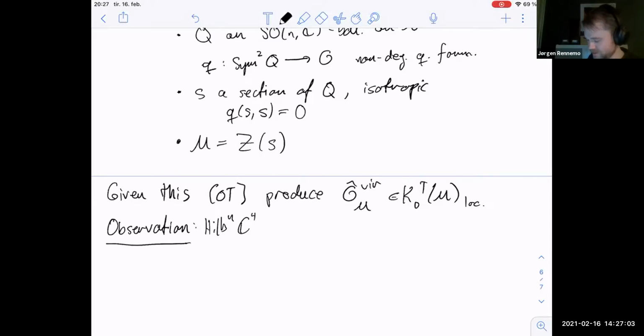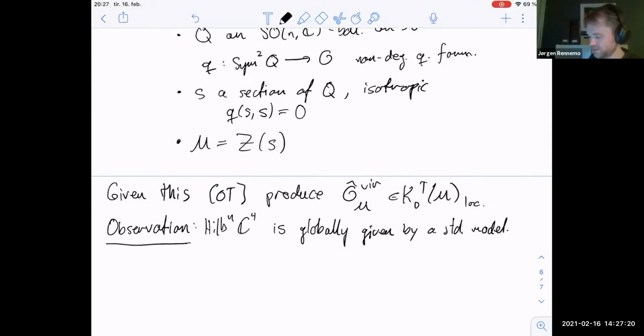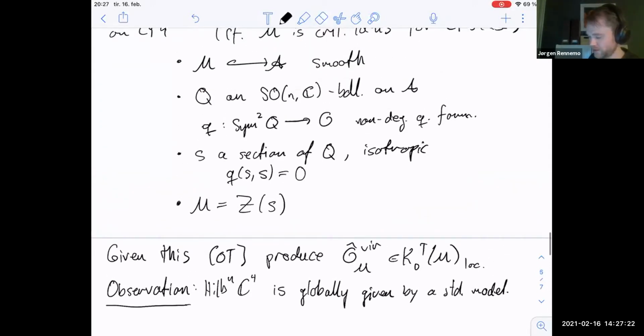In the 4D case, the Hilbert scheme of C^4 is globally given by a standard model. So we can globally find the setup above, where the Hilbert scheme sits inside something smooth, and there is a quadratic bundle with an isotropic section cutting out the Hilbert scheme.